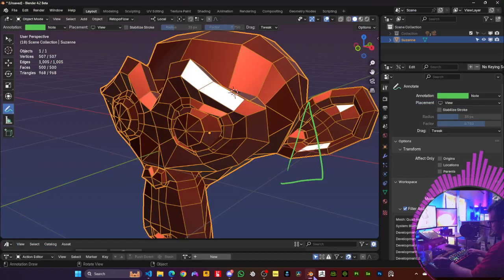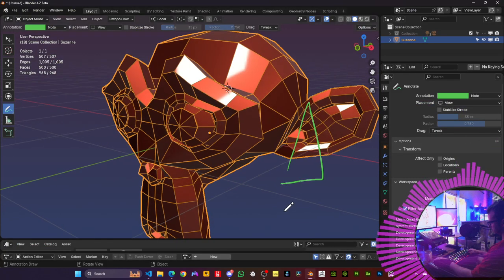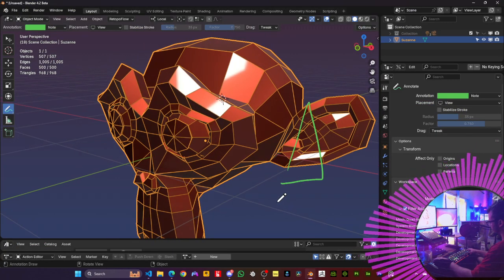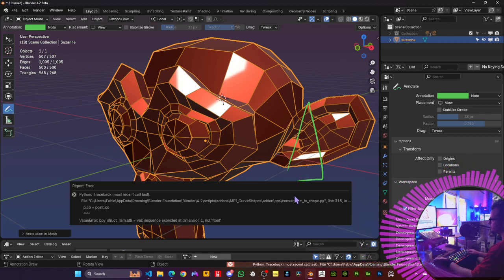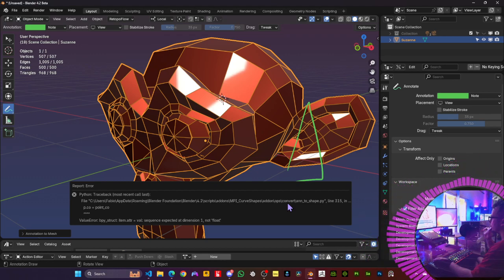And now I gotta use Blender in this window. All right, what's the problem now? The sequence was expected at dimension 1, not a float, 315.